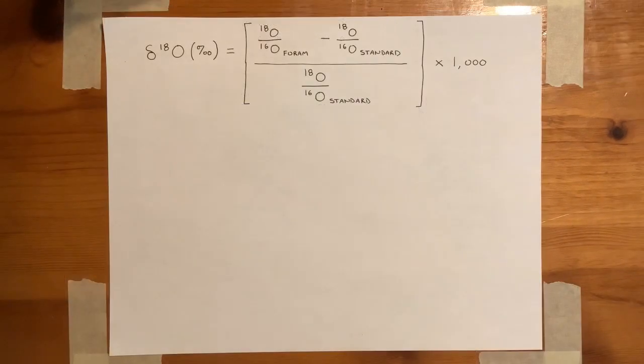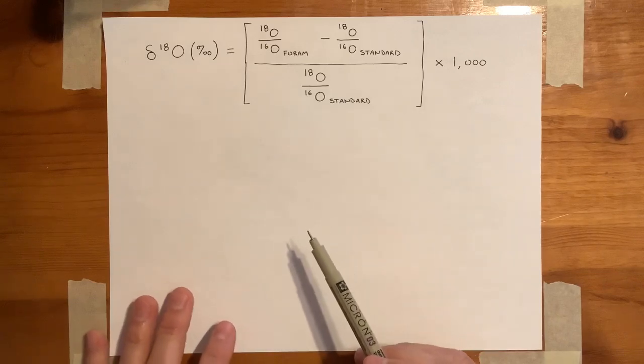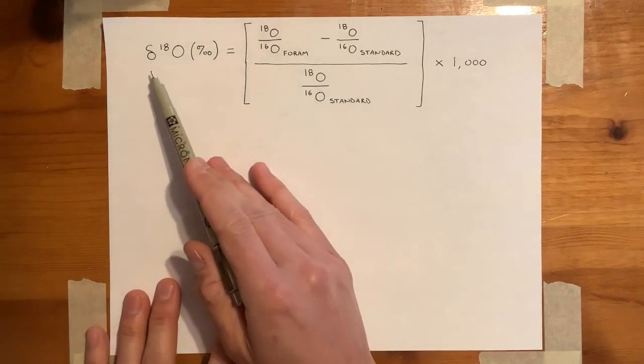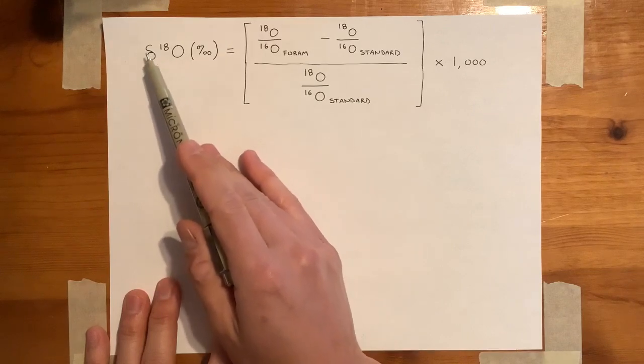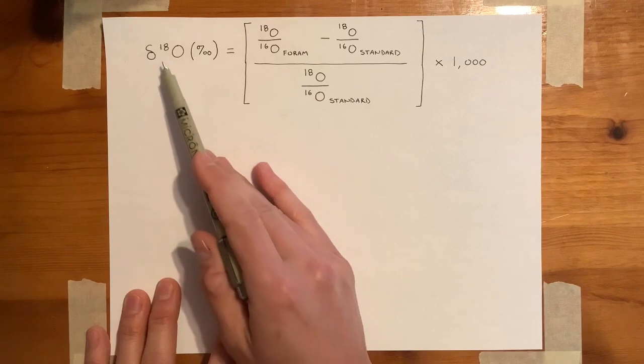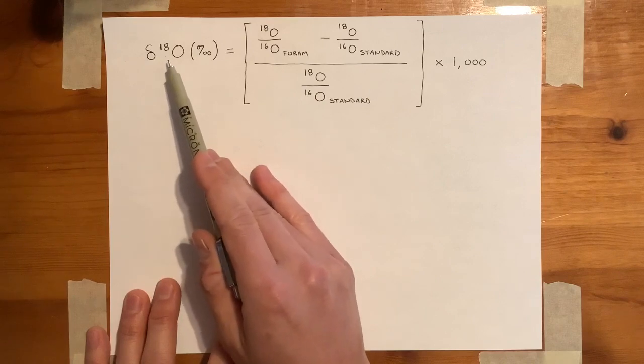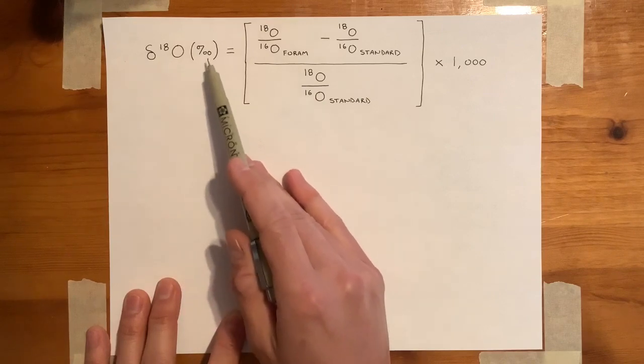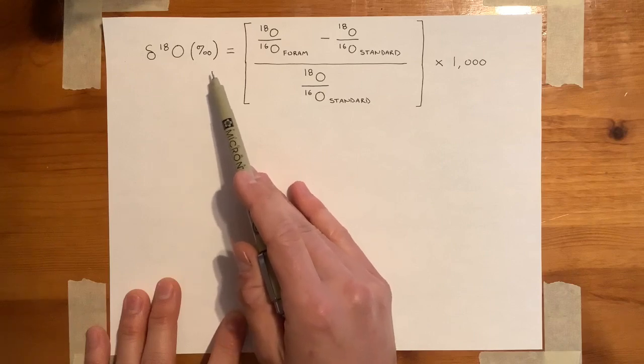Okay, so here we'll explain what this notation, delta 18O, is and why scientists use it. So it looks intimidating, but it's really not that bad. So delta 18O, this is the Greek symbol delta, this kind of goofy squiggly guy here. Again, 18 for oxygen 18, O, and then this per mil symbol here.